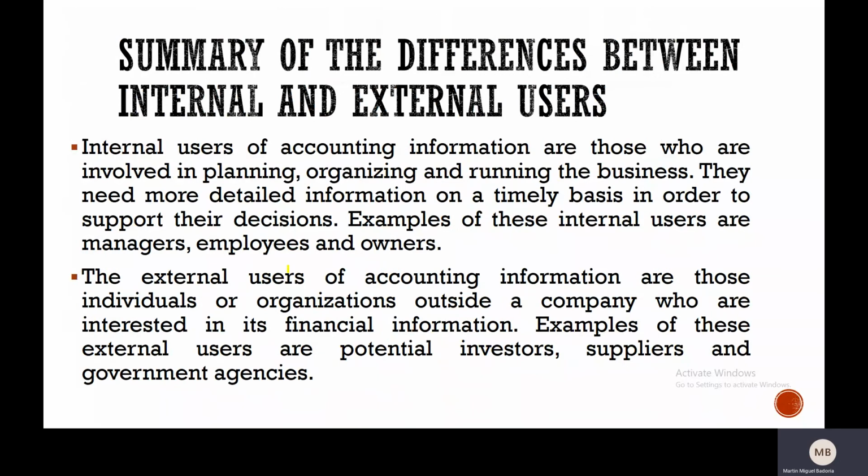So what is the summary of the differences between internal and external users? So internal users of accounting information are those who are involved in planning, organizing, and running the business. They need more detailed information on a timely basis in order to support their decisions. Examples of these internal users are managers, employees, and owners.